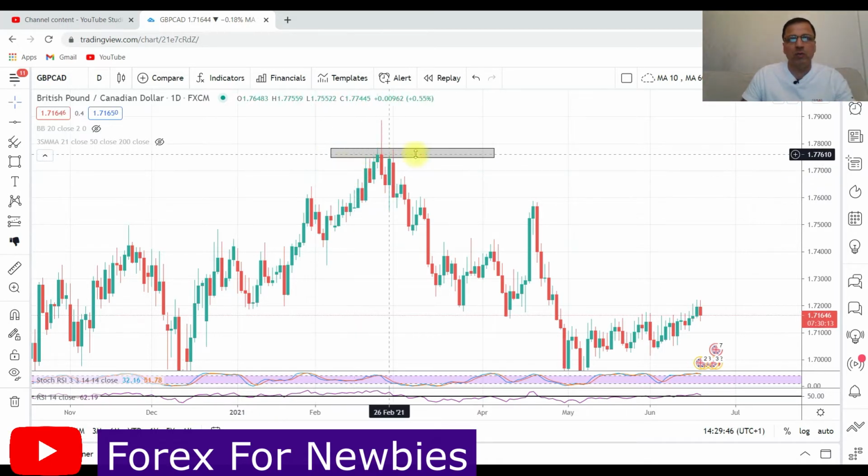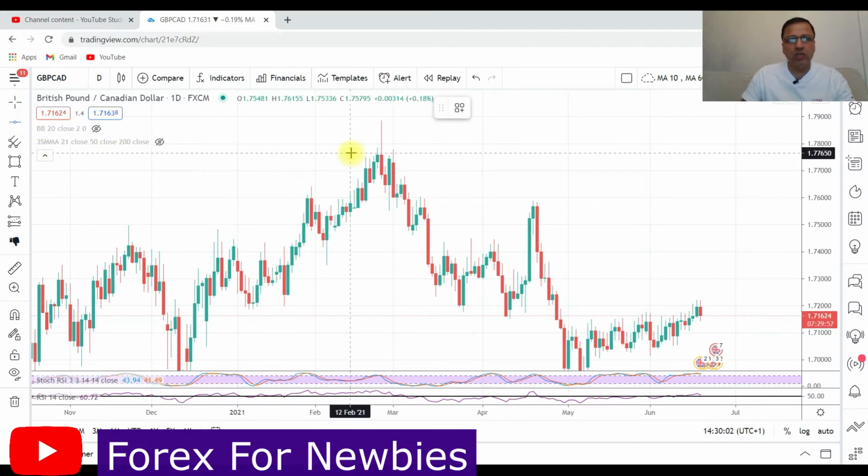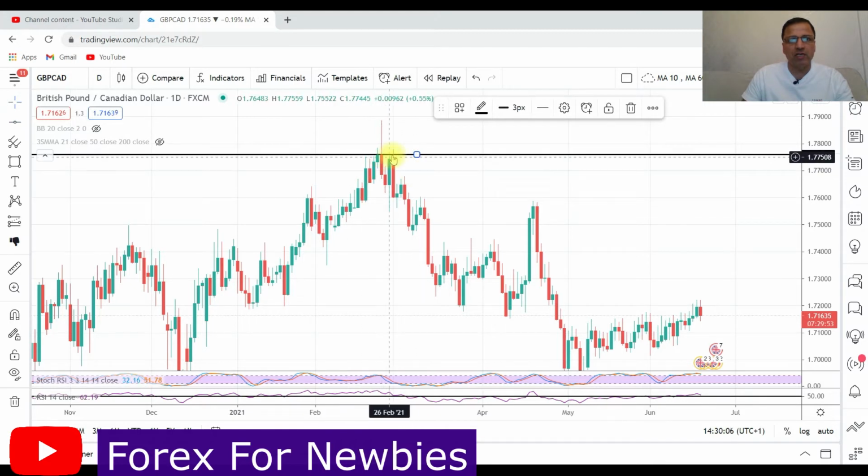But if you put a zone here, everything is touching here now. These wicks are touching, these bodies are touching, and all these wicks are touching as well. So it's up to you, whichever method you like to use. If you want to put the line on the bodies here, so that you can get maximum touches with these lines.